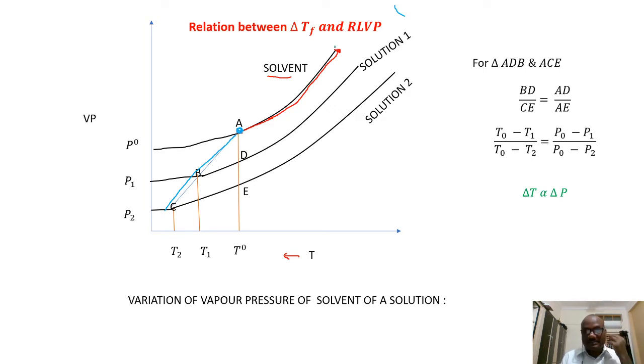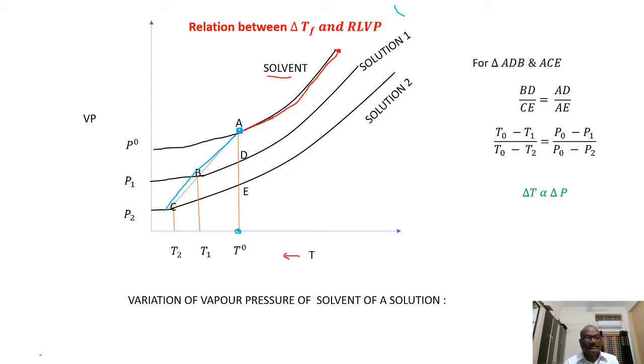Like that, we can see the curve of vapor pressure versus temperature in the case of the solvent. At point A, it is freezing. So the temperature which represents A on the x-axis is nothing but the freezing point of water or solvent. This is the freezing point of the solvent. It is represented by T naught.